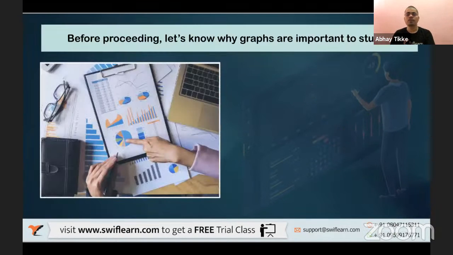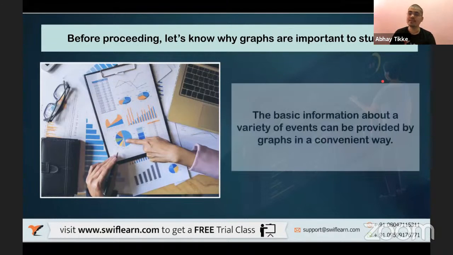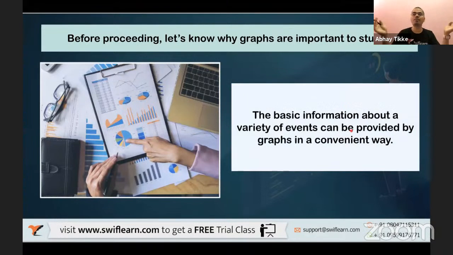Okay, so before proceeding, let's know why graphs are so important in our studies. The basic information about a variety of events can be provided by graphs in a convenient way. One single graph can give you a lot of information about various parameters. As you can see here, are you able to see these graphs?